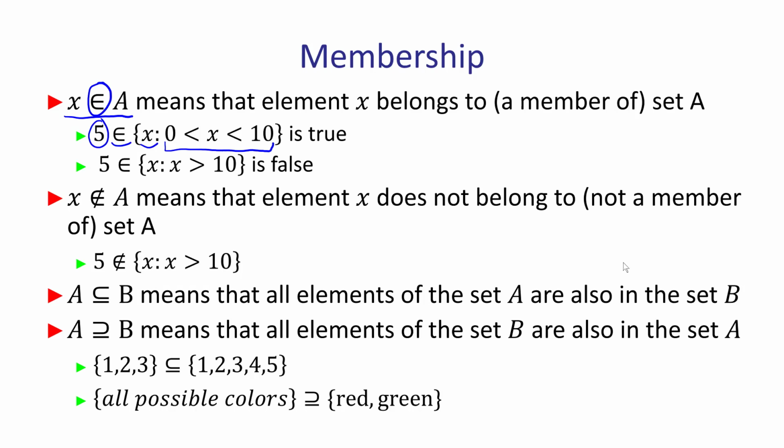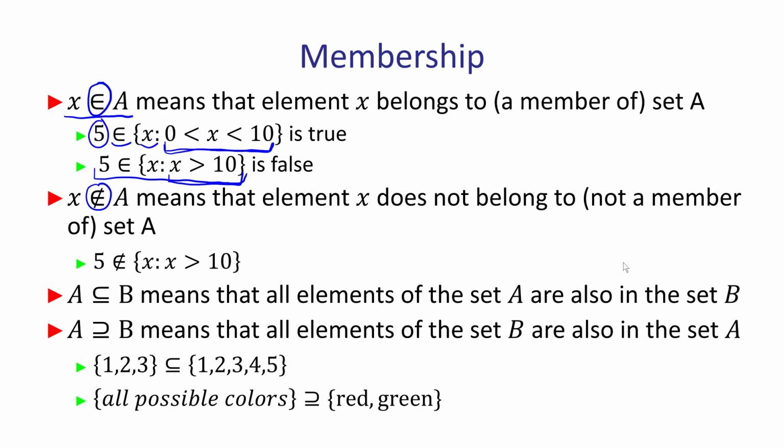So this sentence is basically true because 5 actually belongs to that set. It's between 0 and 10. Another one, 5 belongs to all x such that x larger than 10 is false because 5 is smaller than 10.